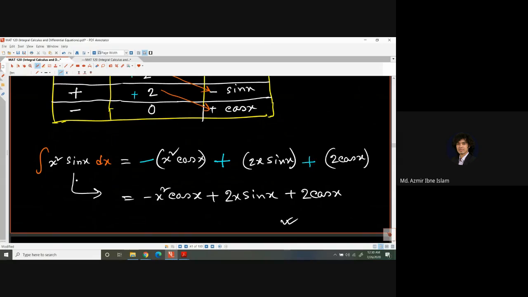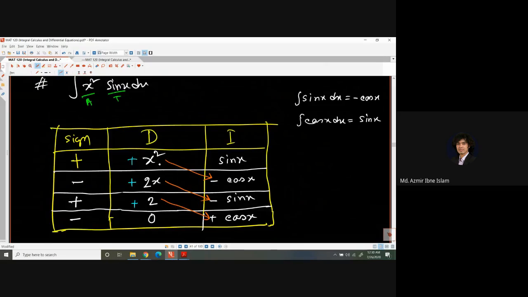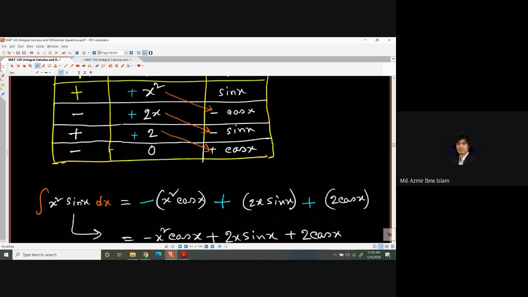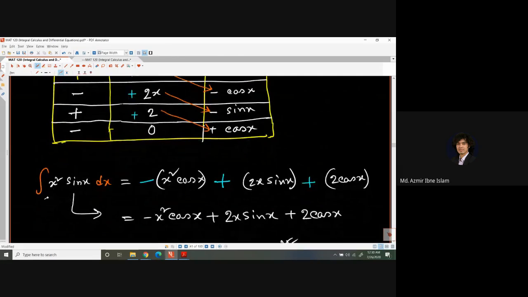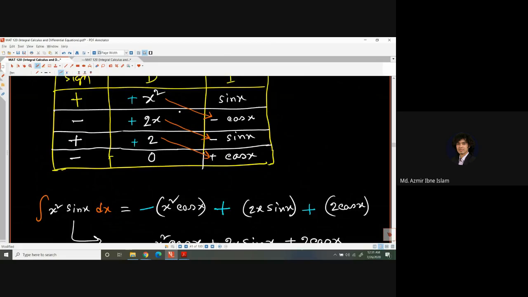That means the tabular method can be applied to evaluate this type of indefinite integral where we have an algebraic term or polynomial function. Instead of using the UV integration by parts technique, we can apply the tabular method also. So for the same problem, what is the advantage of using the tabular technique?